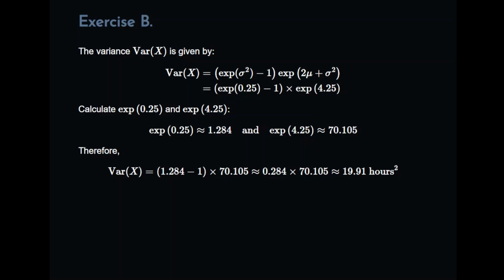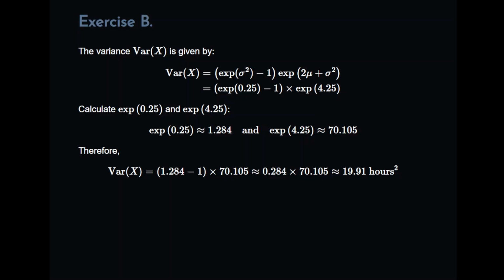That's the first term. The second term is the exponential of 2 mu plus sigma squared. So you calculate 2 mu plus sigma squared and then get the exponential of the whole thing. So we end up with the exponential of 0.25 minus 1, times the exponential of 4.25. 2 times 2 plus 0.25 gives you 4.25.